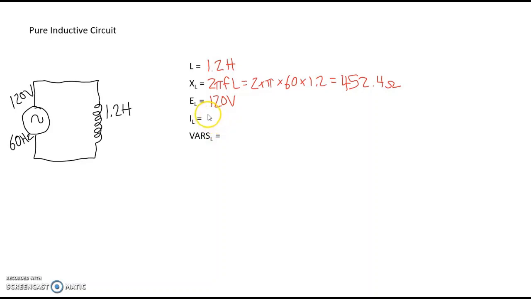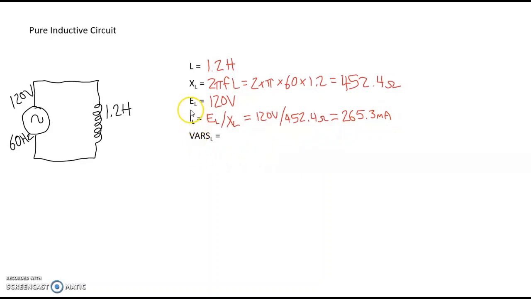That's the voltage across the inductor divided by X sub L; in Ohm's law, I'm substituting X sub L for R. So that equals 120 volts divided by 452.4 ohms, and that equals 265.3 milliamps.